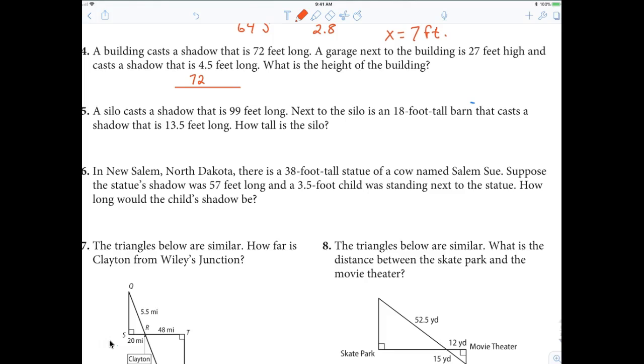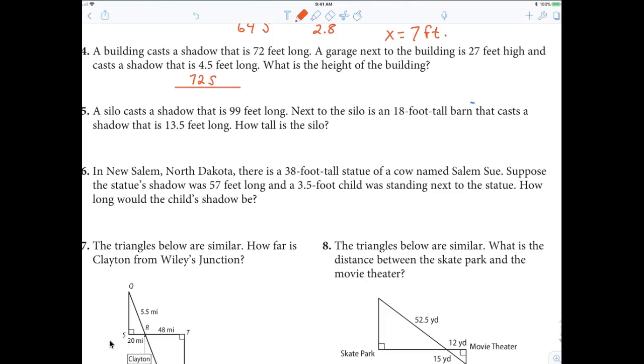Well, read it to me. See how they're tricking you? So the 72 represents the what? Is it the height or the shadow? Exactly. You see that or not now? All right, I think that's important, okay?